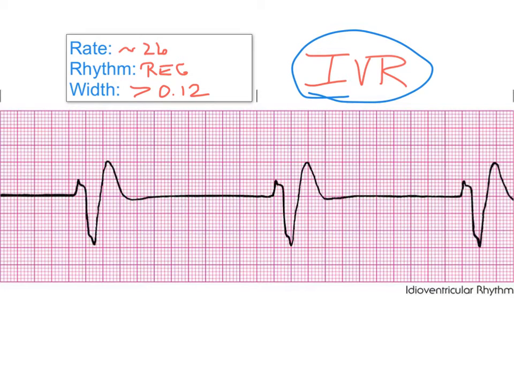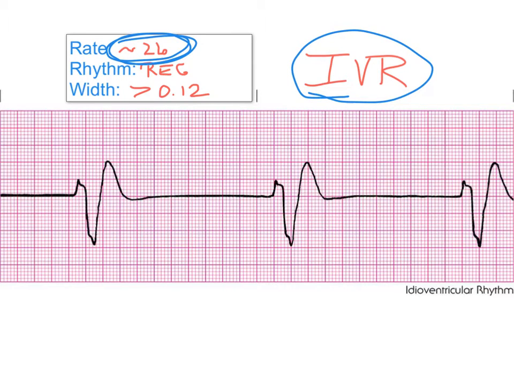Idioventricular actually means that it's coming from more of the Purkinje fibers, the lower part of the heart or around that area of the heart. Since the rate is less than 40, you see it right here, you've got to consider where it's coming from, and that's what makes it IVR. Anything above 40 is accelerated IVR, and anything above 100 is ventricular tachycardia.